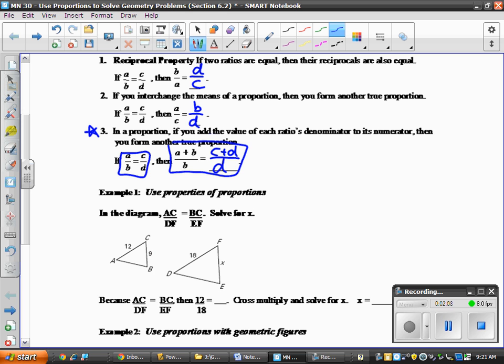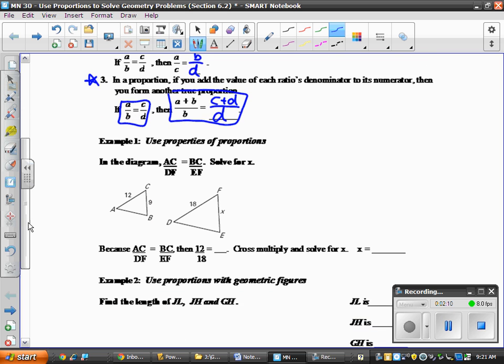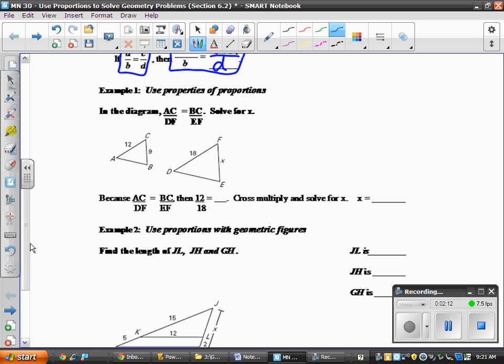And rather than talking too much more about that, let me just show you how that's going to work out down here in example number 1, where it says in the diagram, the side AC over side DF is going to be equal to the ratio of BC over EF. And down here, it says because AC over DF equals BC over EF, you can literally just substitute in the information you know.